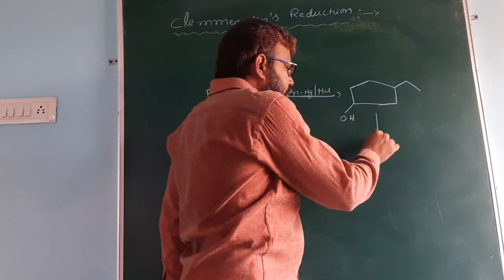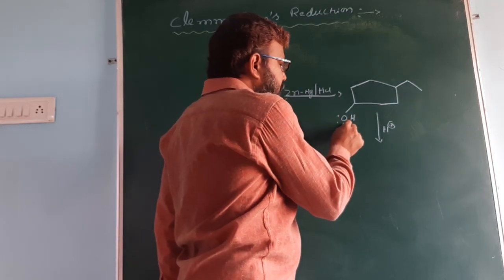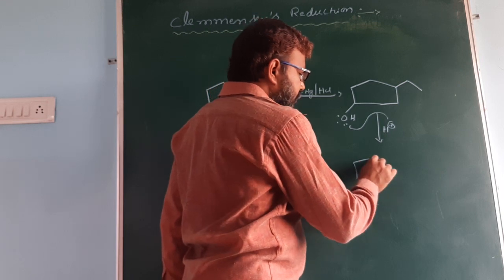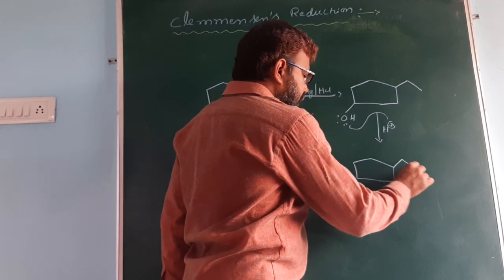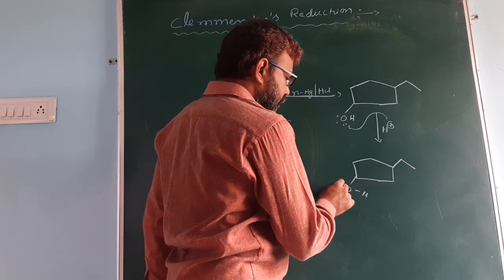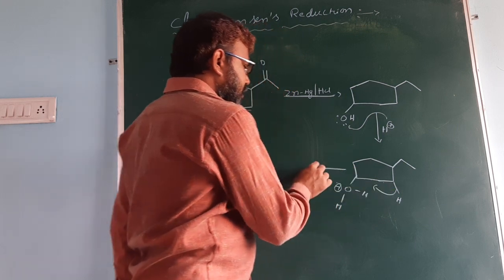So when an acid sensitive group is present, oxygen has a lone pair of electrons, H plus attacks here, dehydration takes place. So loss of water molecule, this bonded electron shifted to here.